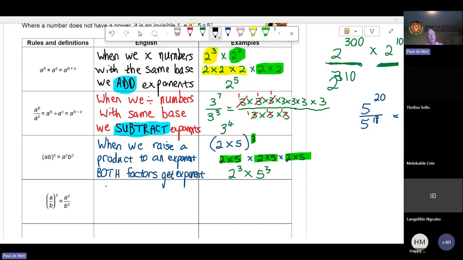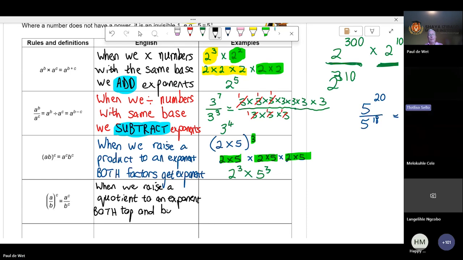Now, when we raise a quotient, a fraction, a division, to an exponent, both the top and the bottom get the exponent.